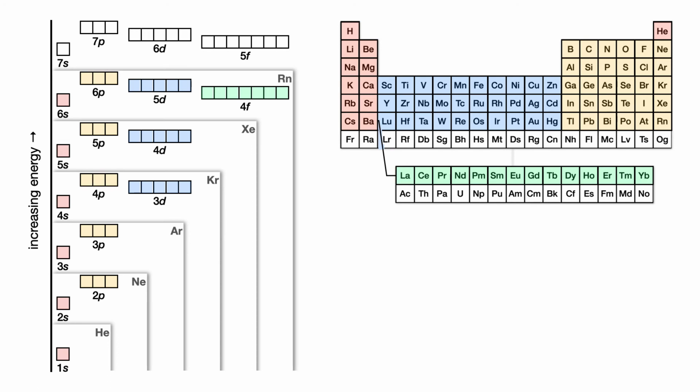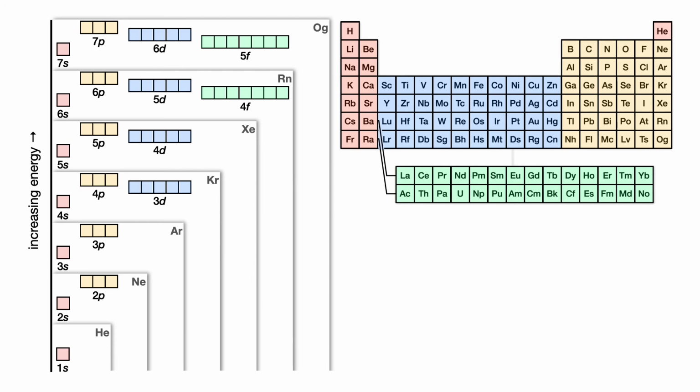And then francium and radium put electrons into 7s. Next, we put electrons into the 5f sublevel, and then the 6d, and then the 7p, and finally oganesson closes off the 7th energy level.